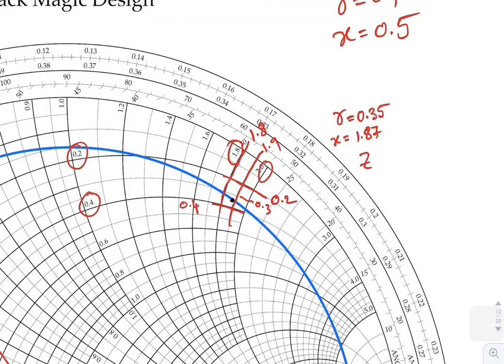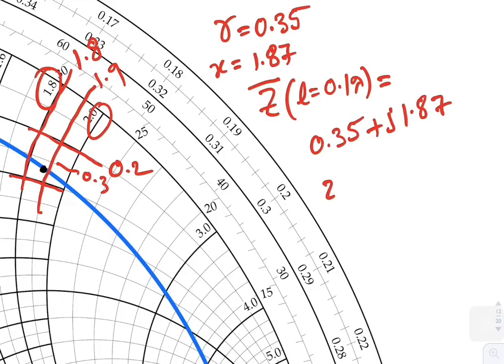The value of Z at a distance of L equal to 0.1 lambda is equal to 0.35 plus j times 1.87. But this value is a normalized value, Z bar. But the question asked is Z at a distance of L equal to 0.1 lambda.